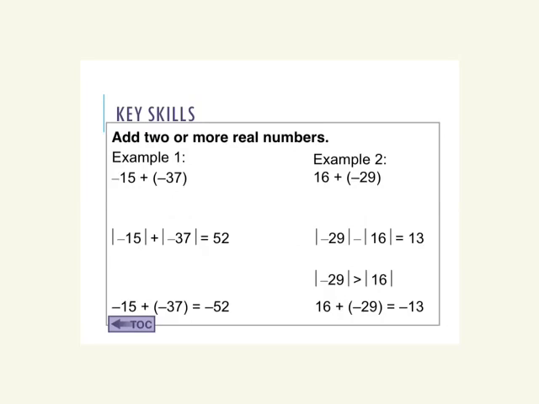So go ahead in your notes right now, write down example number 1, and it's negative 15 plus negative 37. Now to add negative 15 and negative 37, I see that the signs are the same. And the rules are with same signs, add and keep.